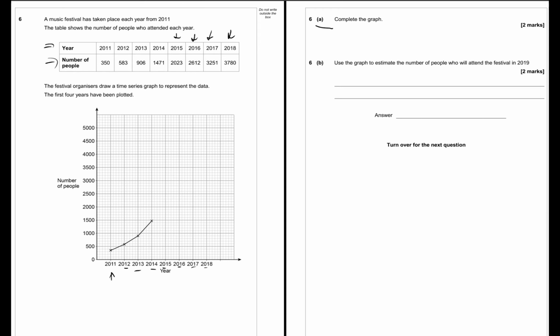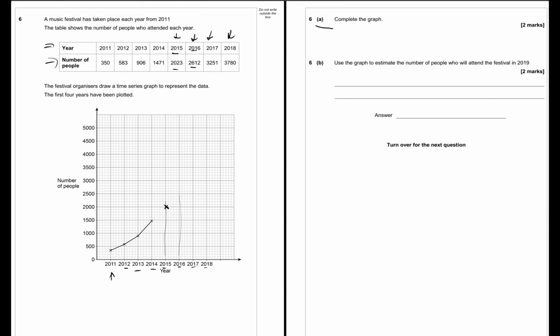So let's do 2015. So in 2015 they had 2,023 people. So 2015 is here, so we're going to go up to 2,023, which is about here. And then the next one is 2016, and they had 2,612 people.